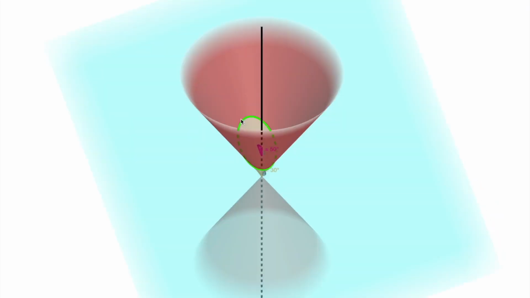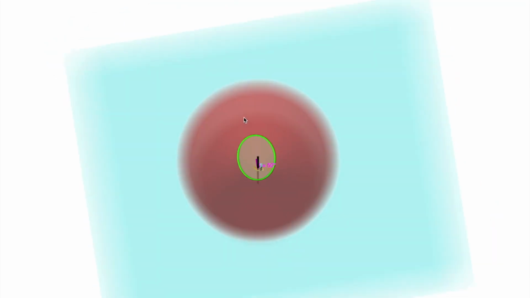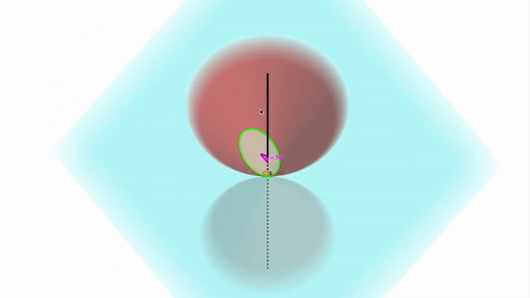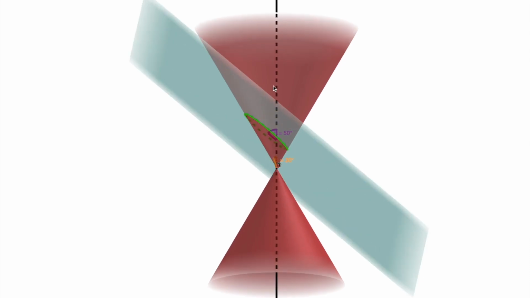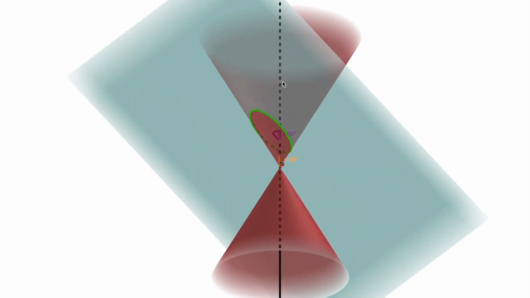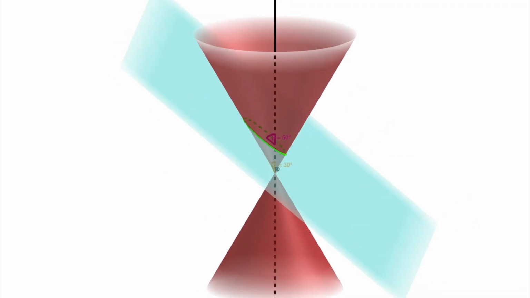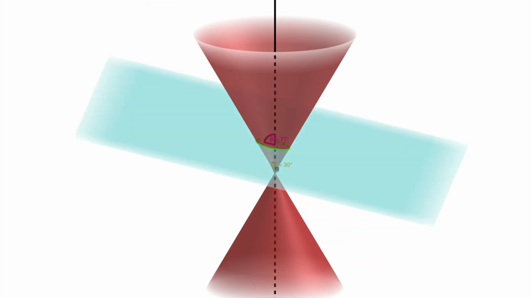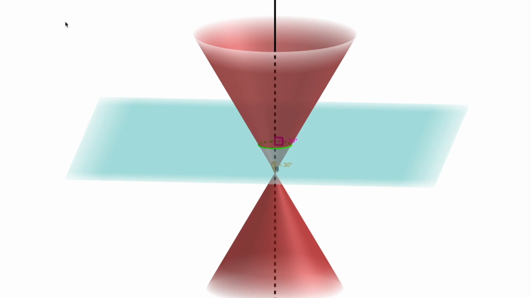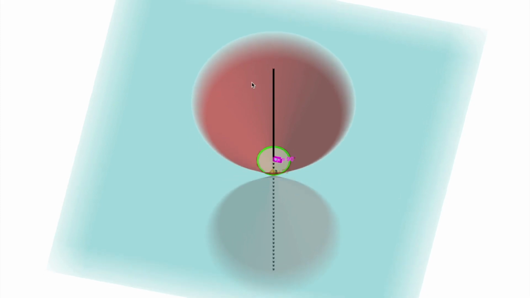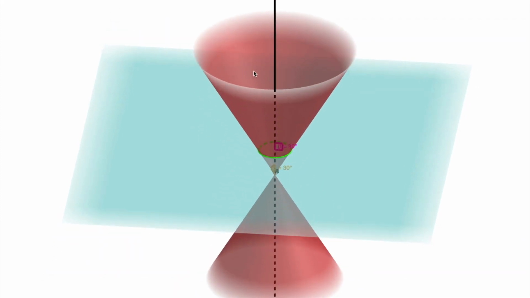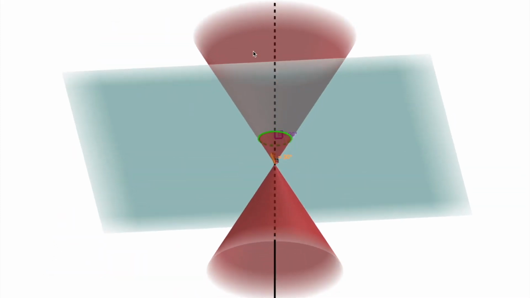So we have alpha less than beta. In this case, the intersection of the cone and plane, as you can see, is a closed curve which is called an ellipse. There is a special case here. If we have alpha less than beta and beta equal to 90, that is when the axis of the cone is normal to the cutting plane, we get a special ellipse called a circle.